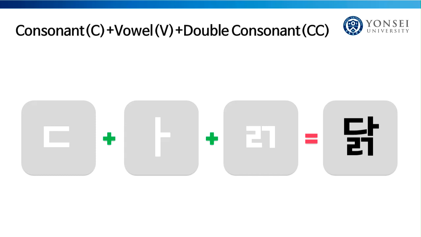When used as a final consonant, it is pronounced the same as 기역. We will study the pronunciations of double consonants in the units ahead. There are also letters that have double consonants made of both consonants and vowels, such as 닭. Consonant 비읍, vowel a, and double consonant 밥.